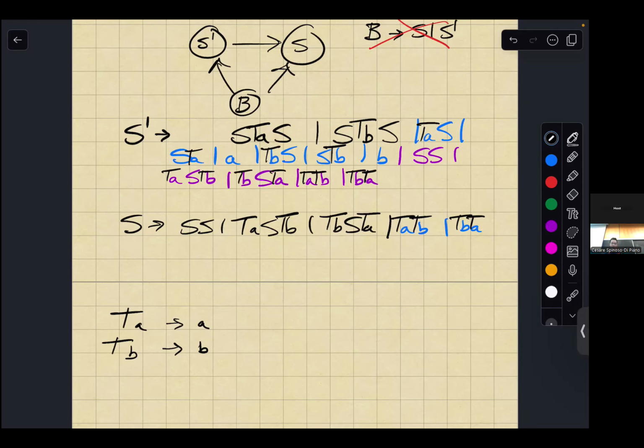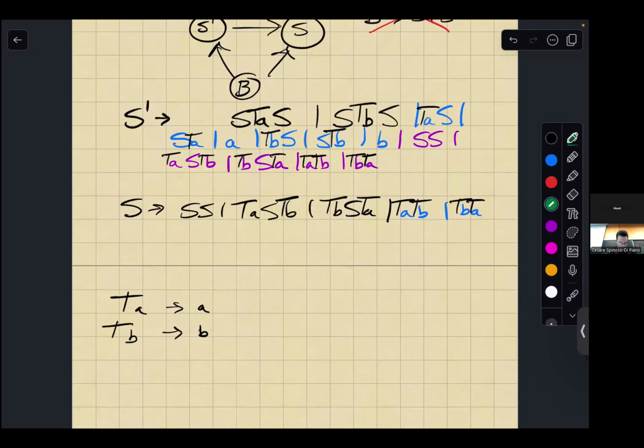Now the last thing I need to do is create intermediate variables for production rules that have strictly more than two variables on the right hand side, right? So that's going to be, for instance, this one. This one I replace with, let's do V1. V1 gives me STB. So I replace STB with V1. Is STB anywhere else? Yes, it's here.